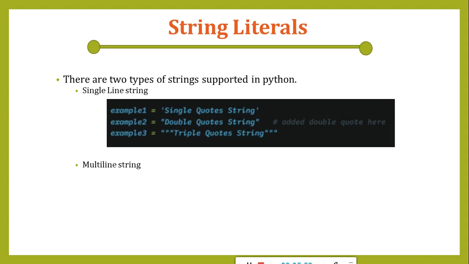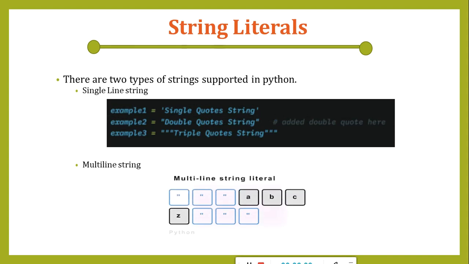And if we have multiple lines, for example when we have to represent a paragraph, then those multiple lines can be treated as a string literal if and only if we mention them within triple quotes.